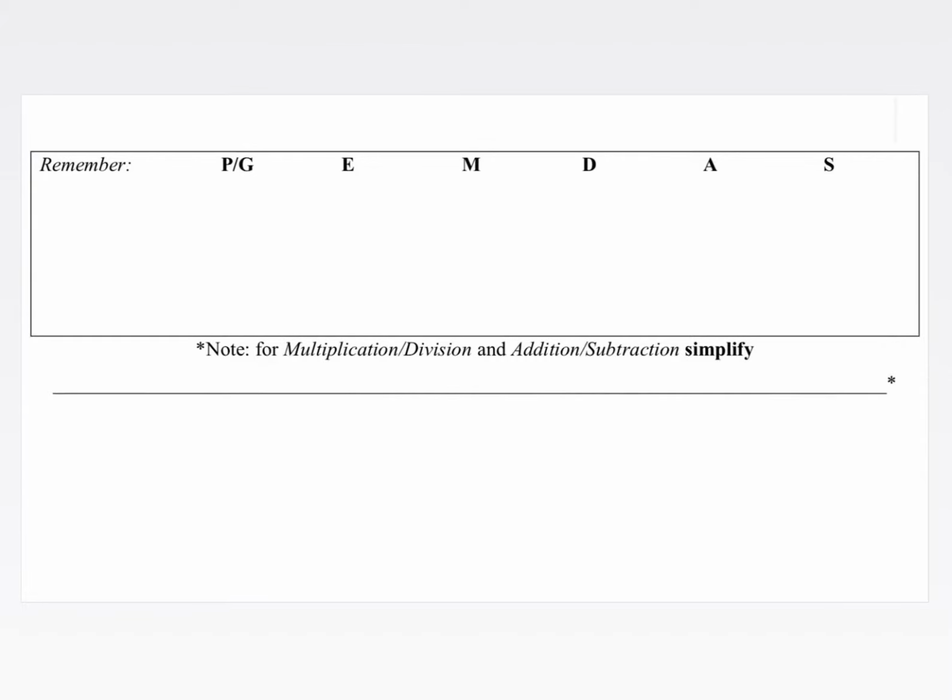The P stands for parentheses. Now notice here how we also have a P/G, because the G is sometimes referred to for grouping.